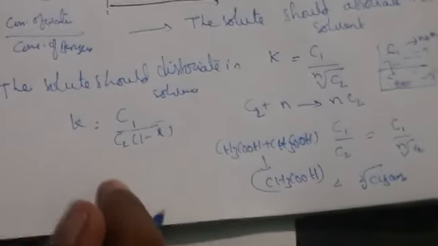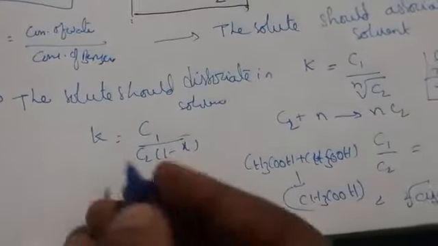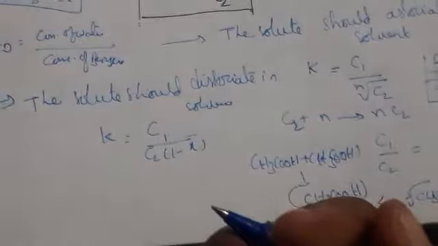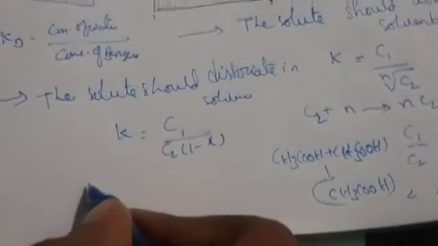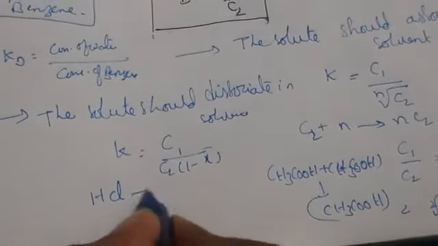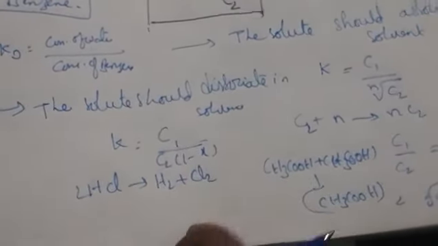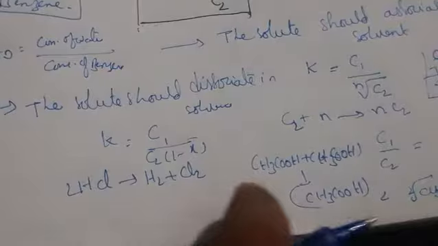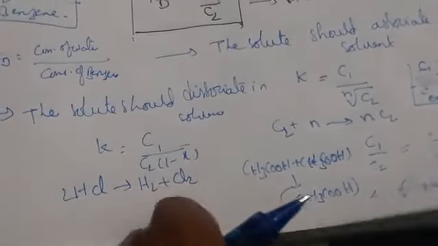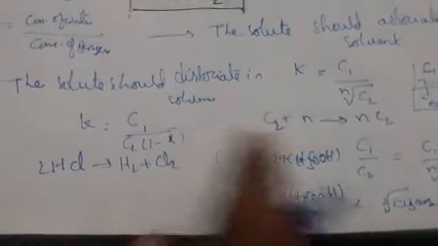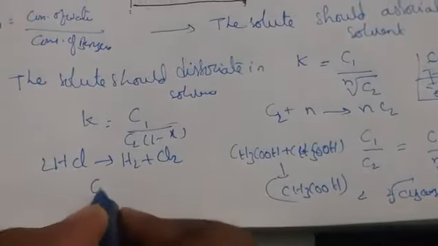It is changing into atoms. For example, if you take 2HCl, it changes into H2 plus Cl2. So we are applying some initial conditions here. The same thing happens here.